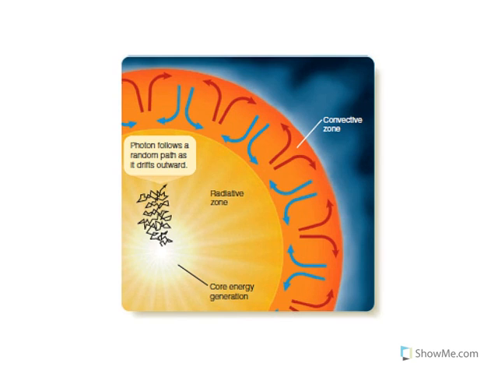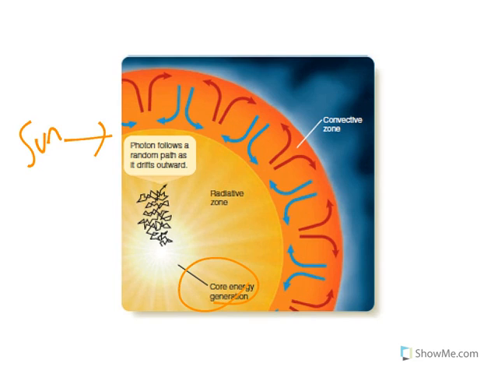Of the 3 modes of energy transport, only 2 are inside the sun. Here we have a cutaway of the sun. Energy is being generated in the interior of the sun, in the core, and the energy is being transported outward by photons that follow a random path as an outward drift.